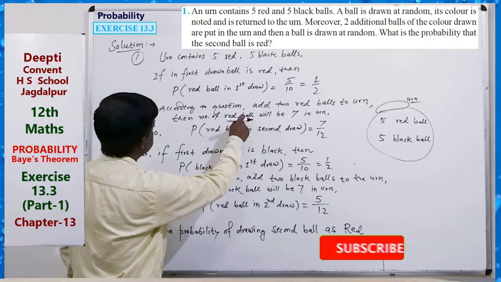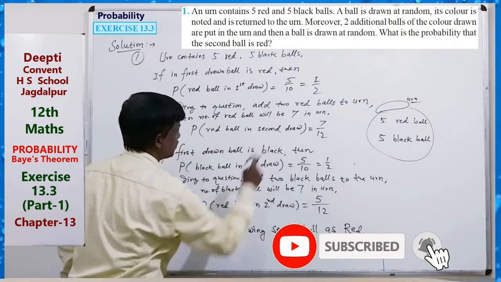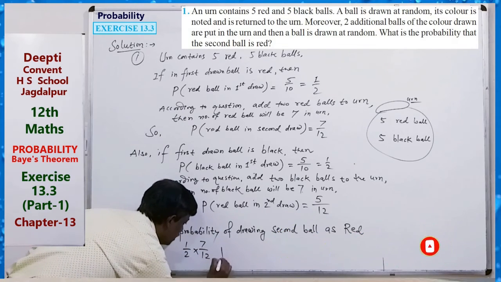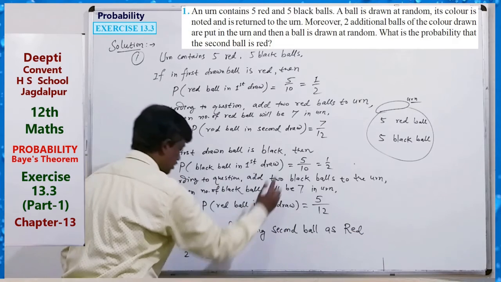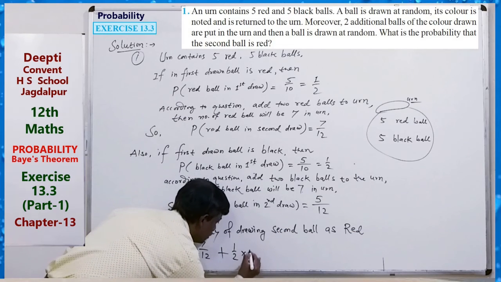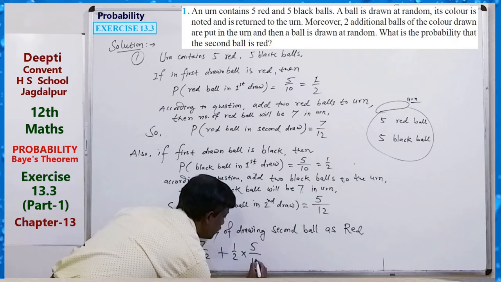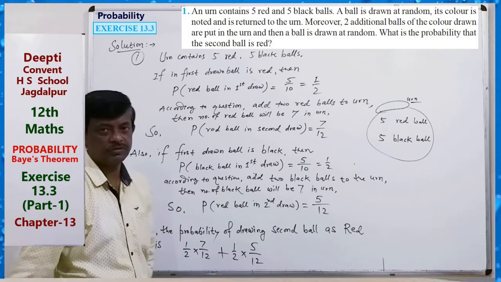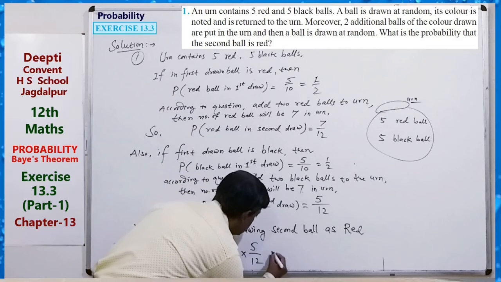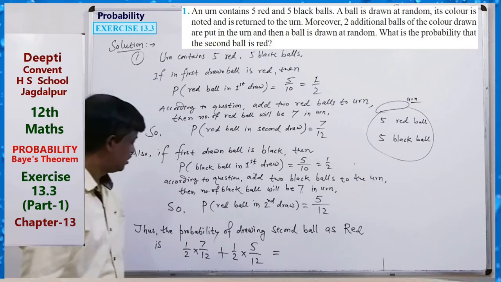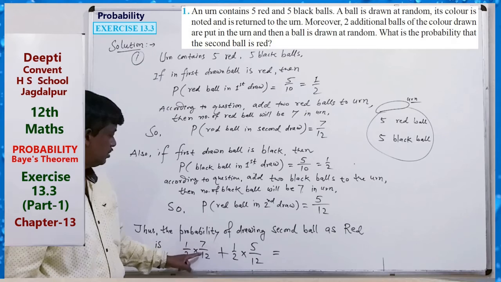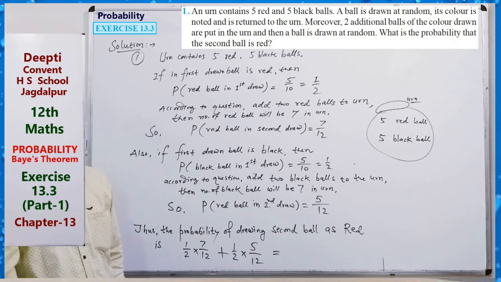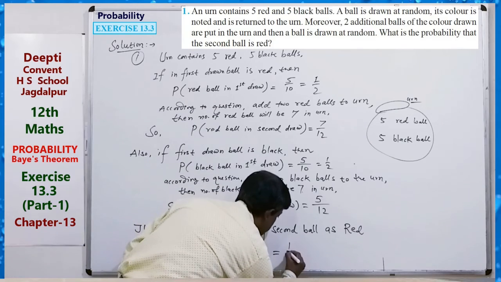So this situation means 1 by 2 into 7 by 12, plus this situation, 1 by 2 into 5 by 12. Just solve it. Finally, after solving, we get 12 by 24, which is 1 by 2.